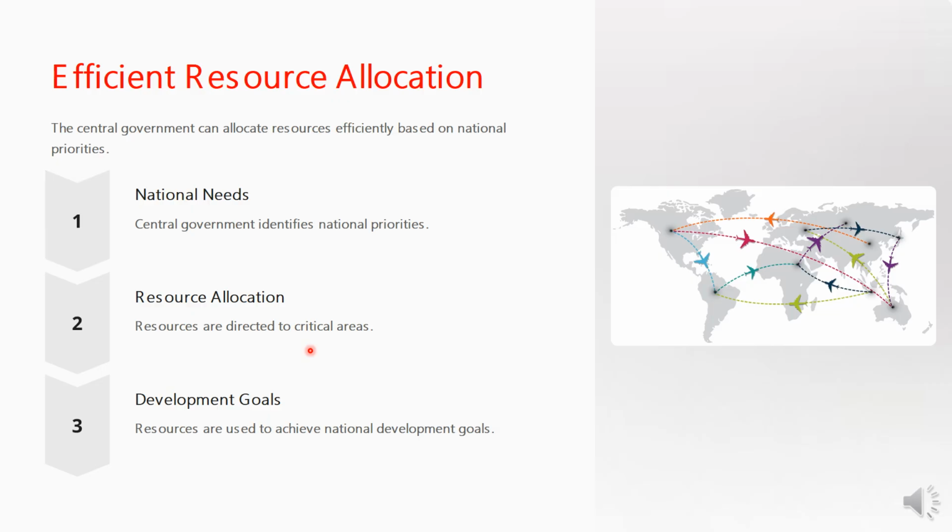Strategic planning is essential for efficient resource allocation, ensuring that resources are aligned with national needs and development goals. Resources are used to achieve national development goals. So efficient resource allocation is crucial for achieving national development goals such as poverty reduction and economic growth, etc.